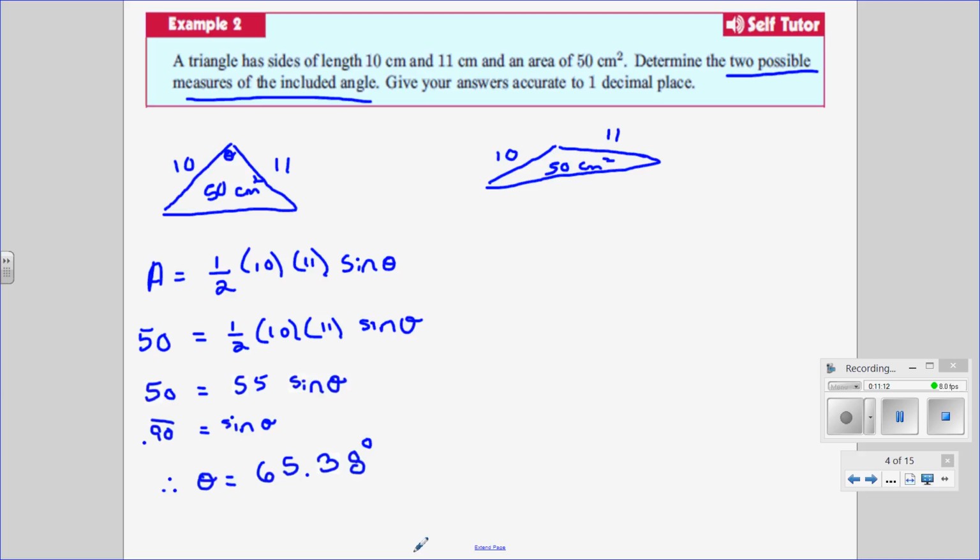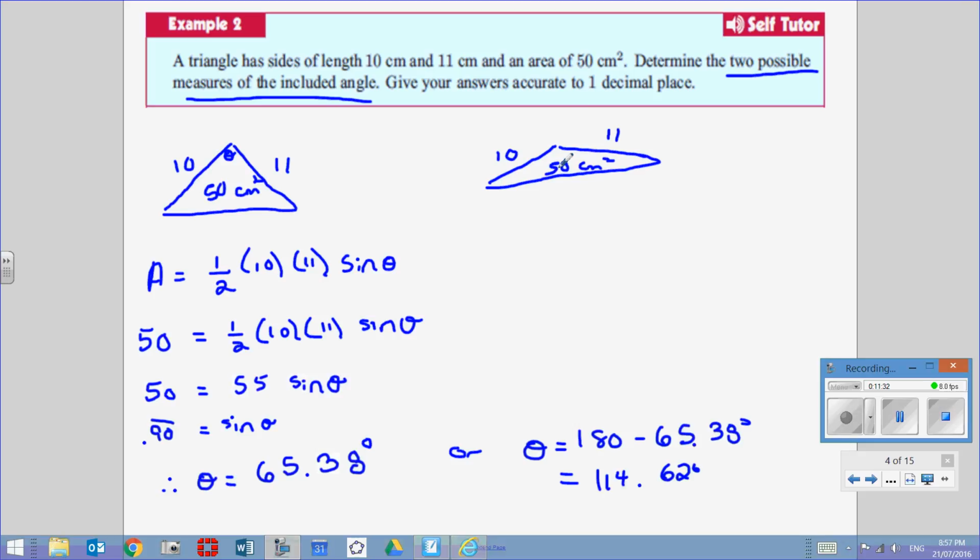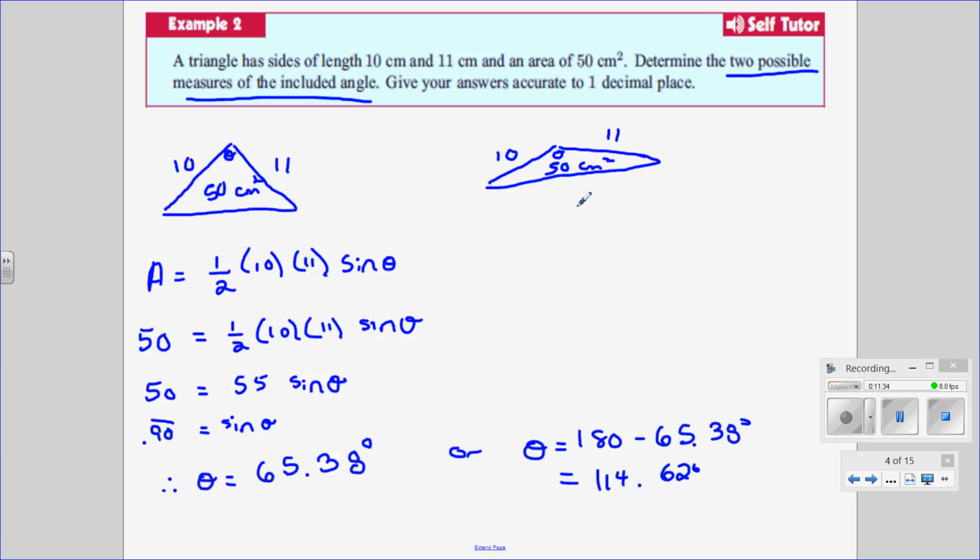In order to find the other angle, I'm going to take 180, as I know that sine of theta and sine of 180 minus theta will give me the same values. So let's find my second possible angle for the obtuse triangle. My second possibility is for theta to be 114. Looking back at the directions, one decimal place, so 65.4 degrees, or I could have 114.6 degrees. So I have two possibilities.